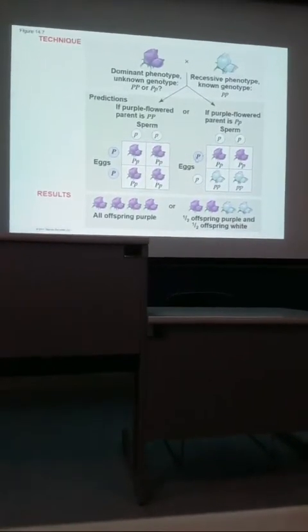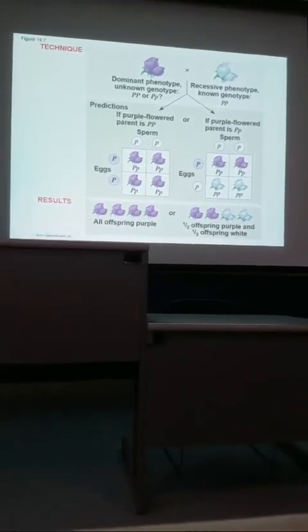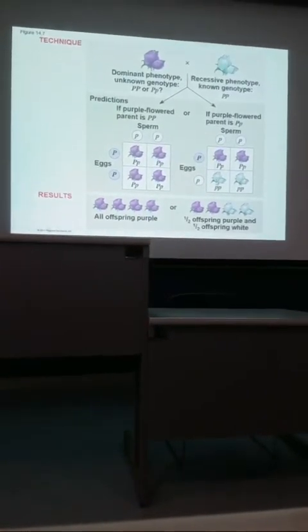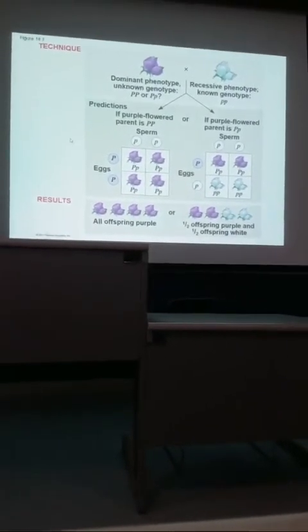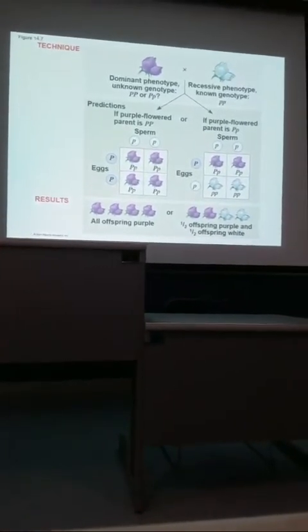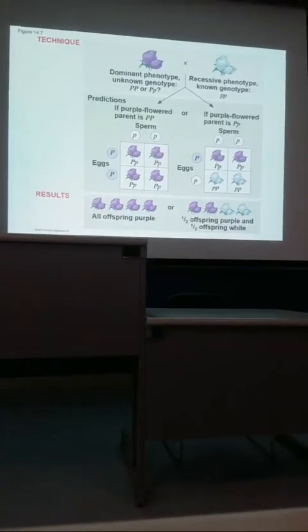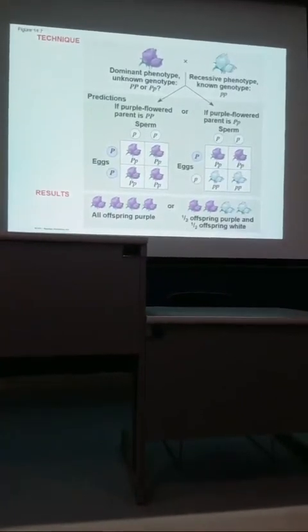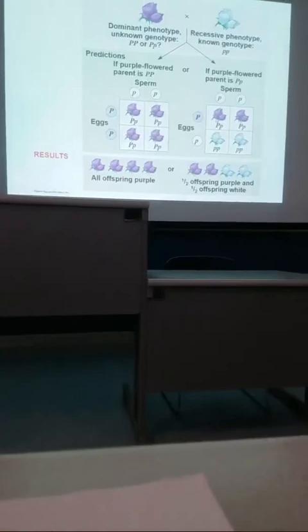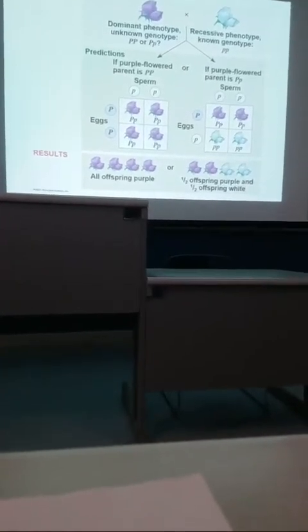Then we get two heterozygotes that are purple, and we get two this time that are white. A 50-50 ratio. When you're asked on the exam to give the ratio, it's usually like 1-to-1. You can say 50% or 100%.